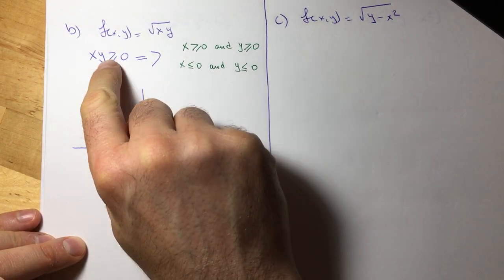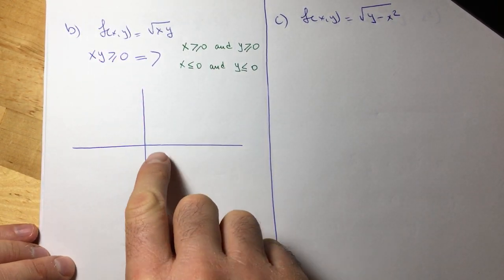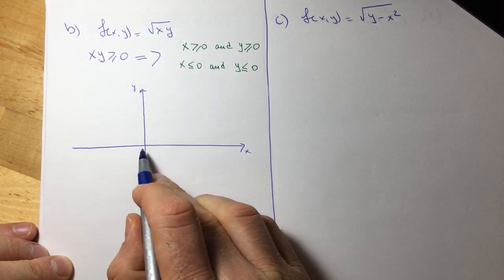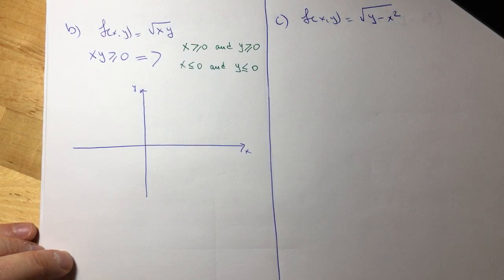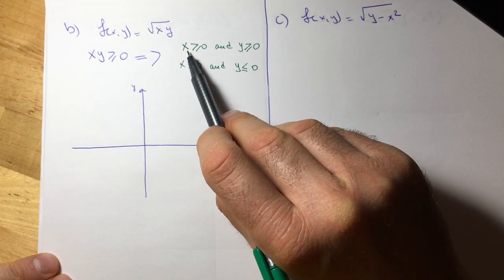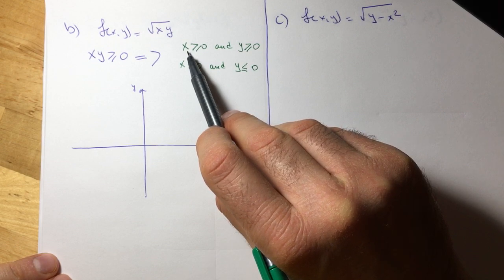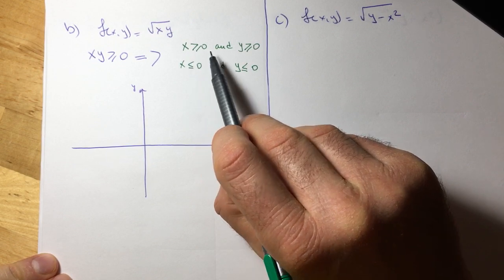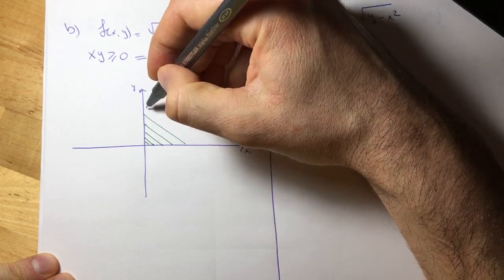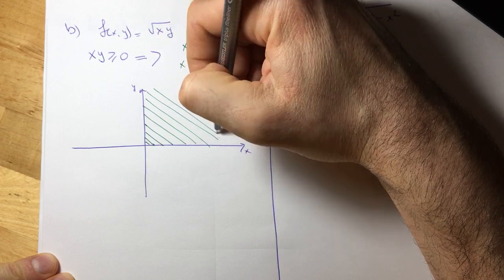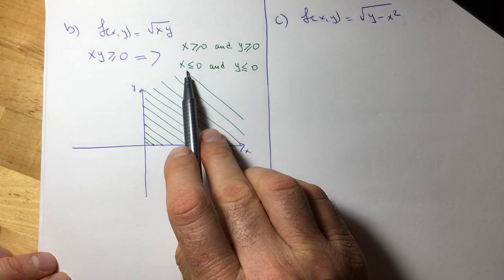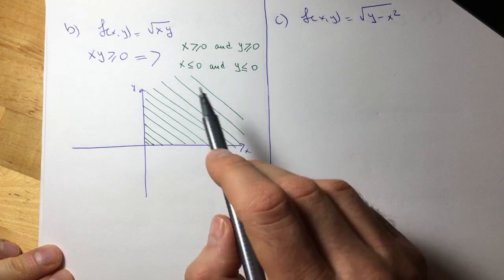Okay, because this is greater or equal to 0, the values on the axis are also going to be part of the domain. So the domain is spread out in the quadrants where x is greater than 0 and y is greater than 0. That's the first quadrant. So all the points here, and the quadrant where x is less or equal to 0 and y is less or equal to 0.